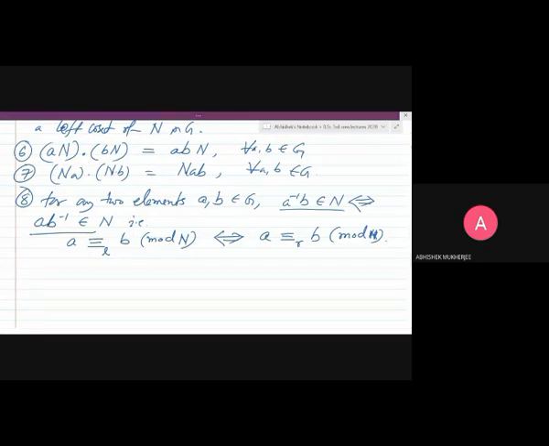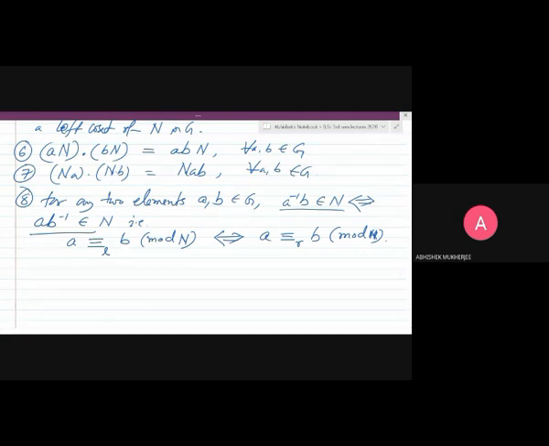And you have also defined a is congruent to b modulo N if and only if a b inverse belongs to N, and that gives you right cosets. But for normal subgroups, you will see that these two are the same.